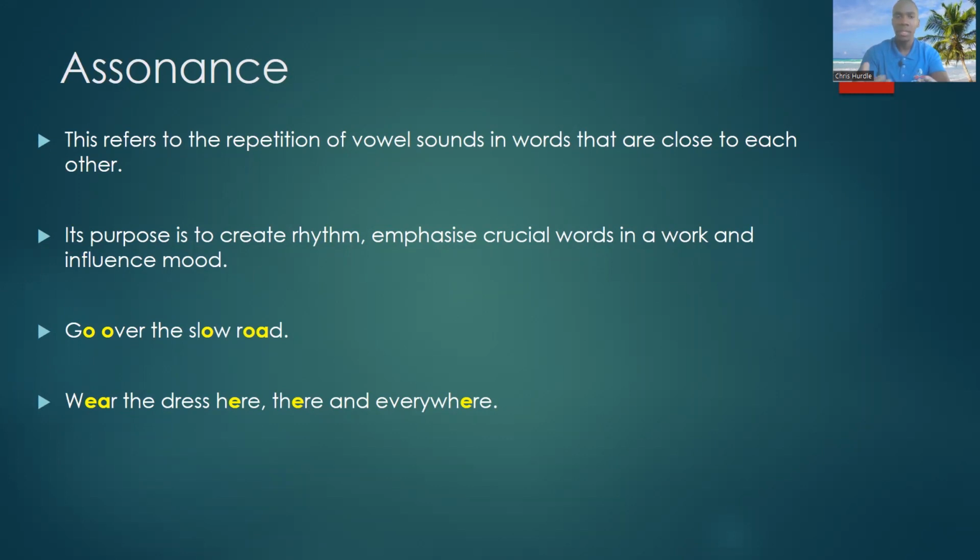And by appealing to our sense of hearing, it will influence us to either, let's say it's advertising, purchase the product or service, or at the very least, it will have a lasting impression, meaning that it will be far more memorable, right? So those are two figures of speech that are very similar.